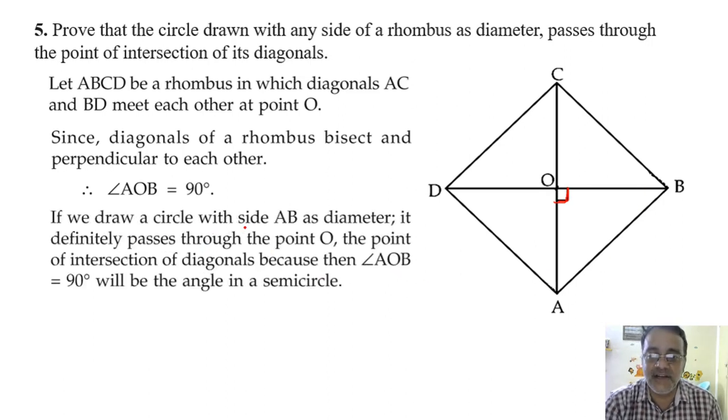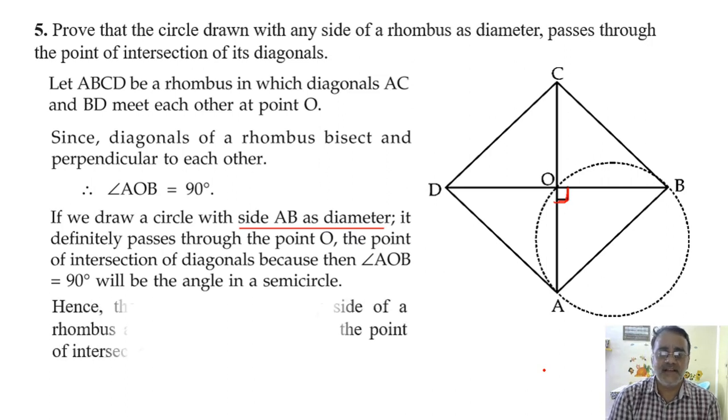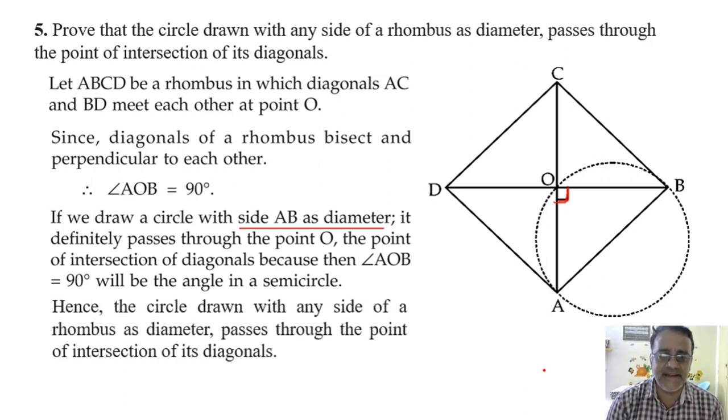See, if we draw a circle with side AB as diameter, it definitely passes through the point O, the point of intersection of diagonals. Why? Because angle AOB equal to 90 degrees will be the angle in a semicircle. See this figure. Any doubt? No, sir. Hence, the circle drawn with any side of a rhombus as diameter passes through the point of intersection of its diagonals. So this is the proof.